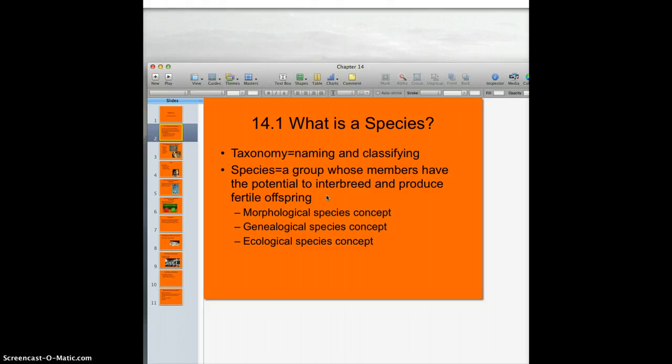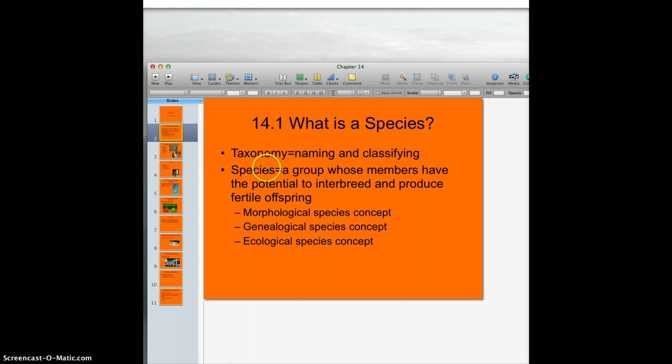It means the organisms in the group can interbreed and produce fertile offspring. Now, this becomes difficult with some living things, such as bacteria, because they don't necessarily interbreed. And it doesn't matter whether or not they're fertile, they pretty much grow to a certain size and then go through binary fission, split themselves in half.